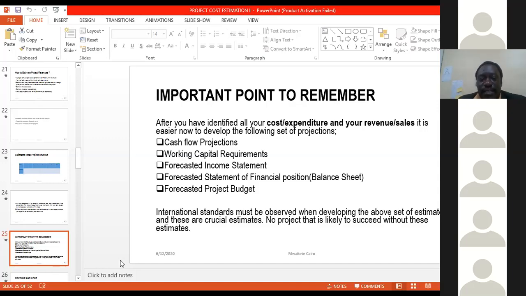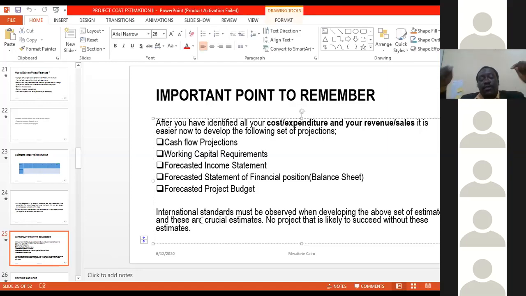So these are the things that you consider. When it comes to planning a project, it is necessary, especially when you are writing the cash flow projections, because cash flow projections are necessary to be included in your projects. The forecasted income statement, all these will be forecasted.